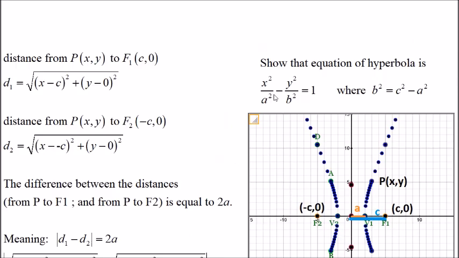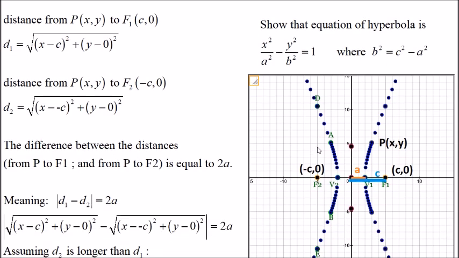And now let's show that the equation for this hyperbola with the center at (0, 0) is x squared over a squared minus y squared over b squared equals 1, where b squared is defined as c squared minus a squared.